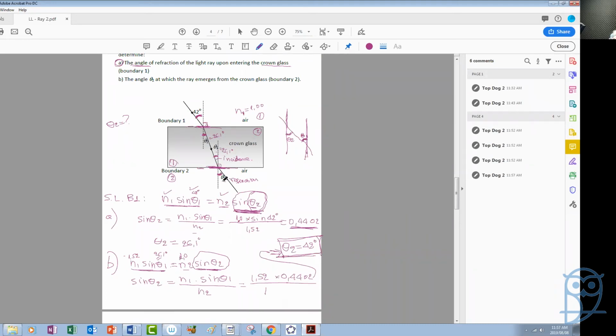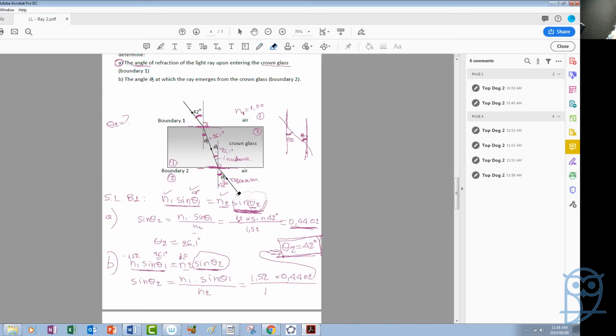We found that this theta 2 is 42 degrees, which is the same as this angle here at the beginning of the travel of the light, the angle of incidence at boundary 1. We found that this angle is equal to the angle at which the light emerges from the crown glass. And this is quite a remarkable and interesting and expected result.